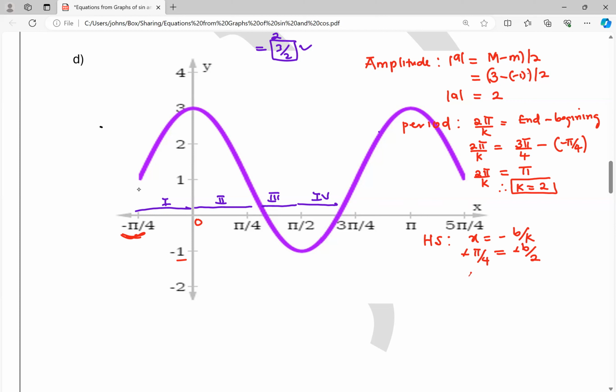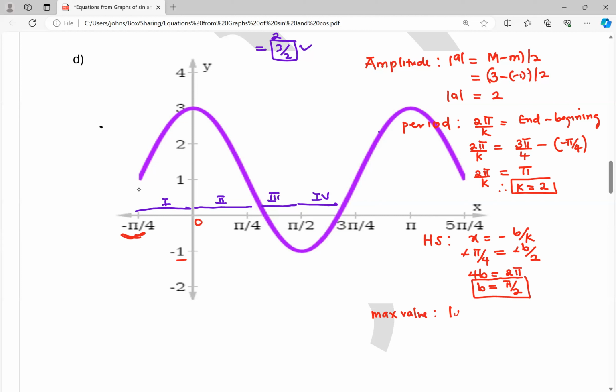So this means that 4b is equal to 2 pi. So b is going to be pi over 2, right? Yes. Okay. Then we can use our maximum value or the minimum value.